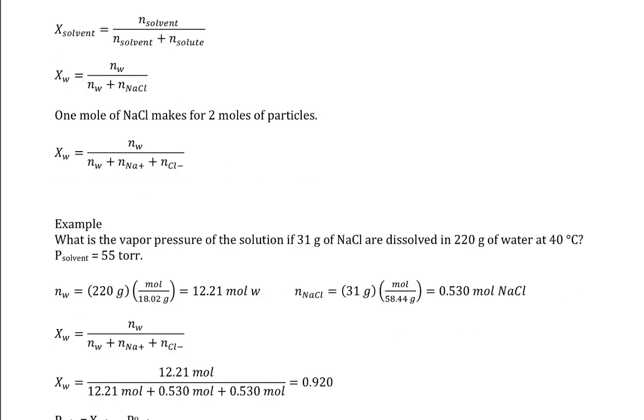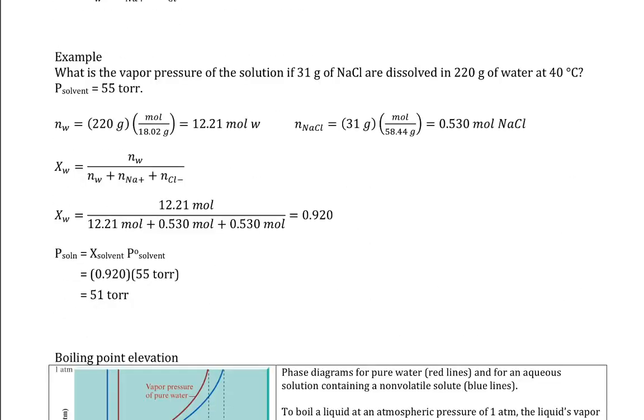So here's an example. What is the vapor pressure of the solution if 31 grams of NaCl are dissolved in 220 grams of water at 40 degrees Celsius? We're given the vapor pressure of water to be 55 torr at 40 degrees Celsius.